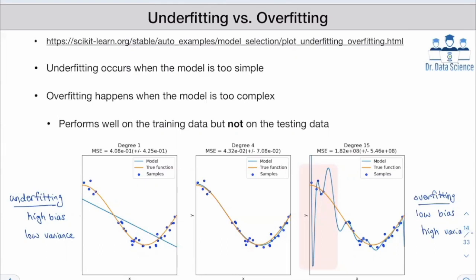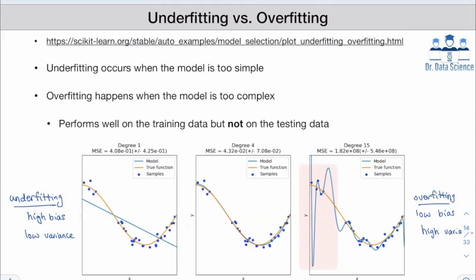Therefore, if you look at the figure on the left side, we can see that this model has high bias. But the one on the right side, which represents overfitting, has low bias because it closely matches the training data set.